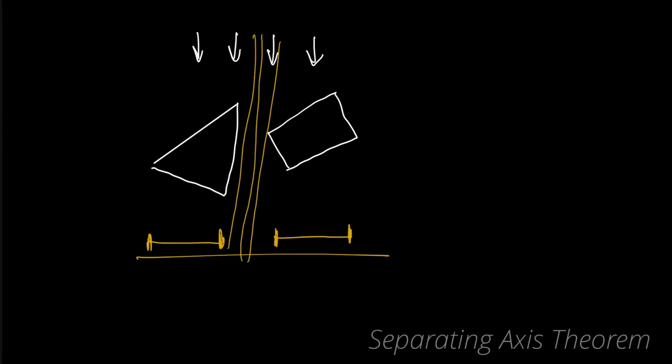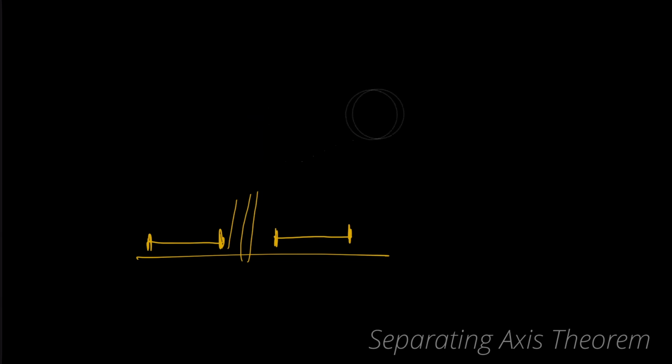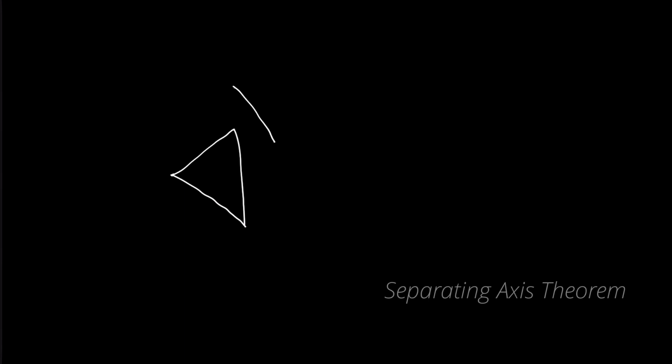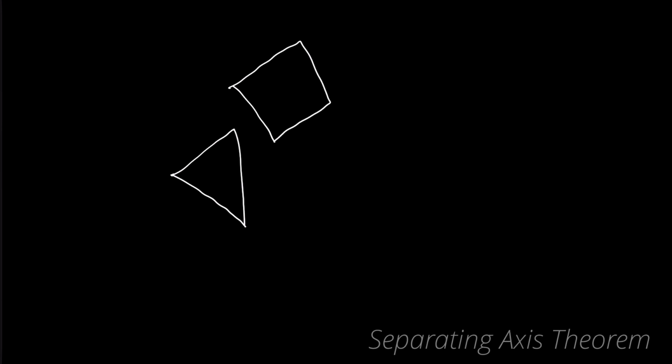But now we have another case. Let's say we have two different polygons, right? And now checking x and y axis isn't enough to see if these are separated, right? Now in this case, what we need to do is we need to use our flashlight from this direction.